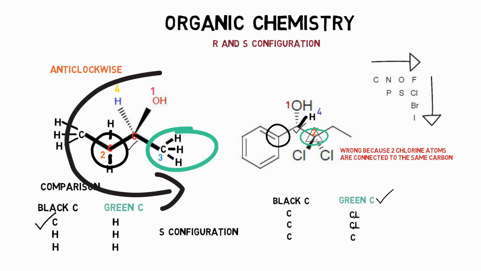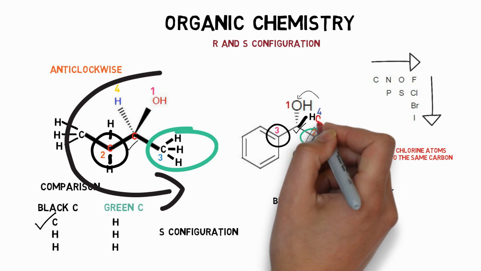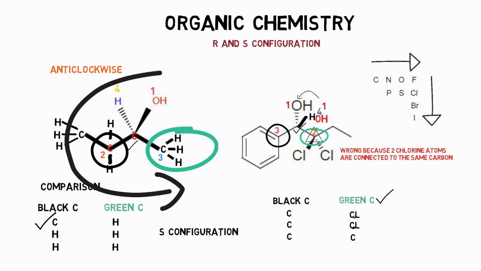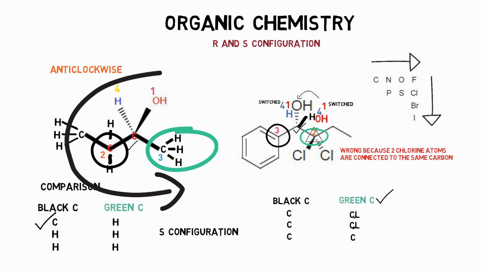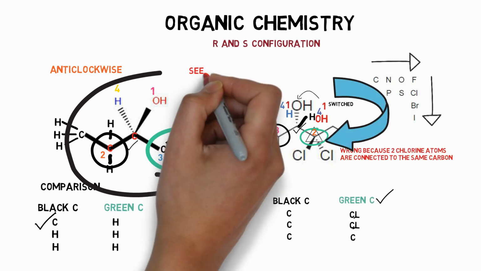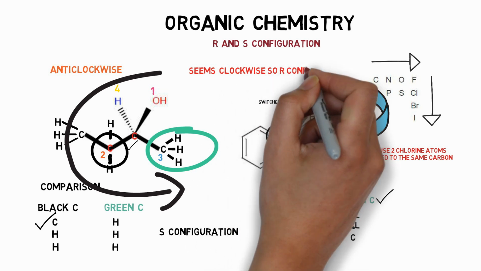But like I said before, we always want our number 4 group on the dash or going away from us. So we switch the number 4 with the group on the dash, which is 1 here in this case. Now we have to trace the path around the groups from 1 to 4, and it shows clockwise direction, that is R configuration.